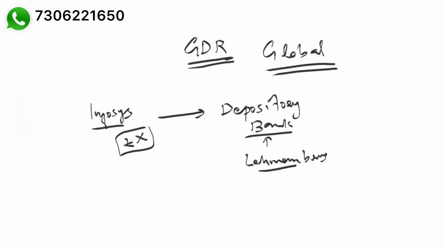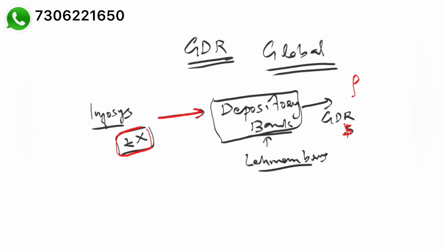The depository bank will issue the GDR, and this GDR will be issued in dollars. Remember, in India it is in rupees. The foreign investor can buy this GDR, which is equivalent to buying an Infosys share in rupees.